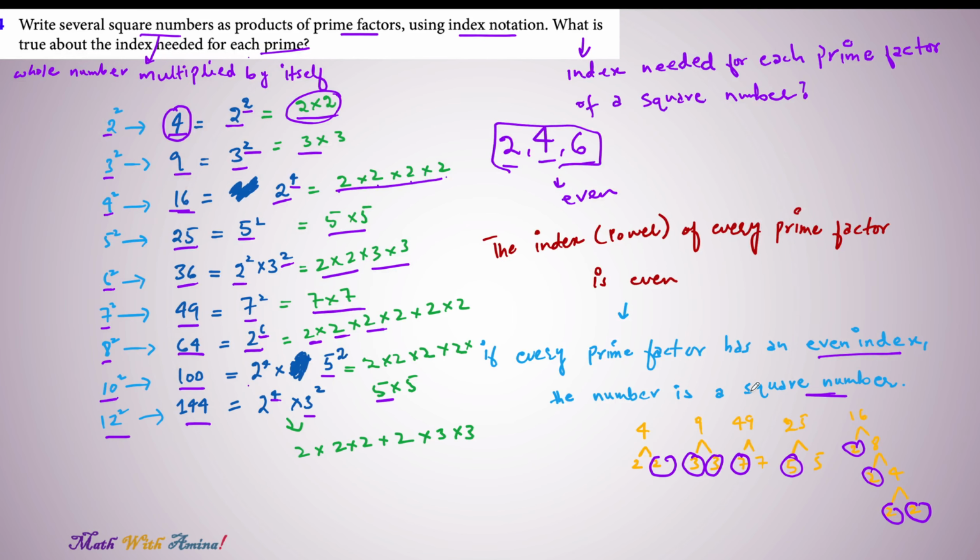So this gives us a way to recognize square numbers from their prime factorization. If every prime factor has an even index, the number is a square number.